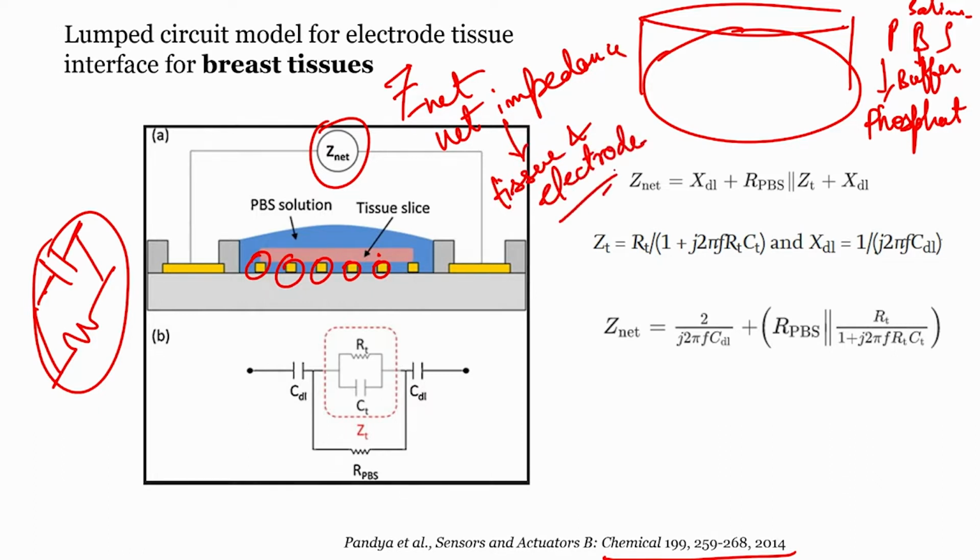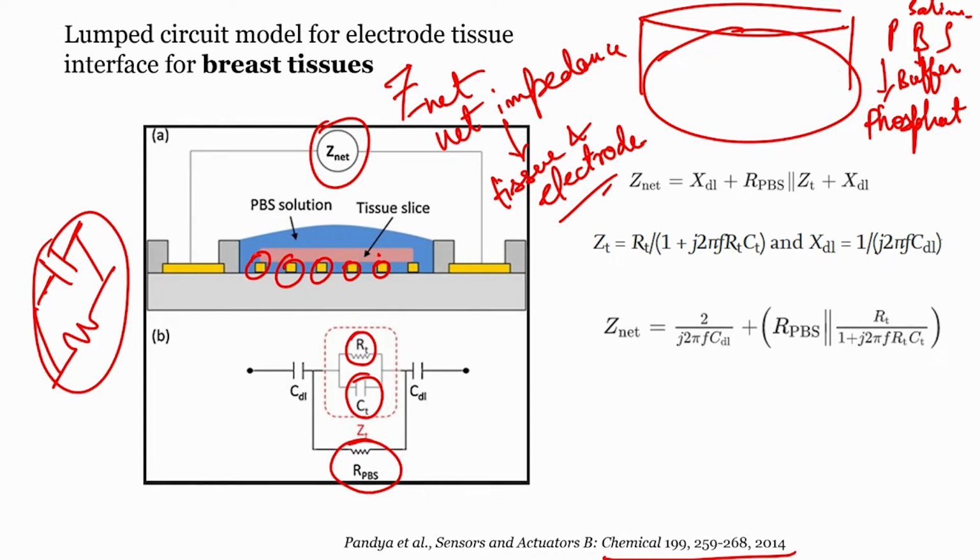So let us begin with tissue. Tissue will contain a resistive element, the extracellular matrix, and a bilipid bilayer membrane that offers capacitive behavior. Apart from that, the PBS in which this entire tissue is placed will provide another resistance.